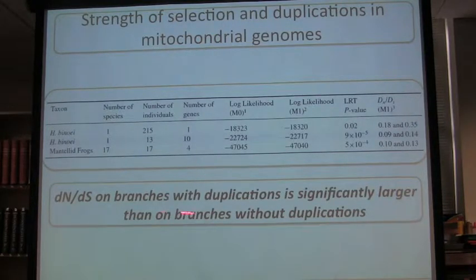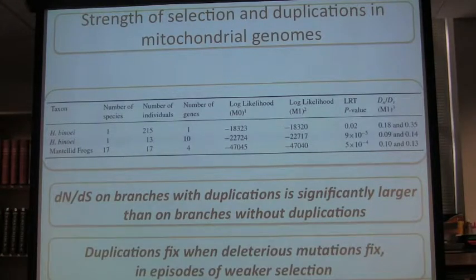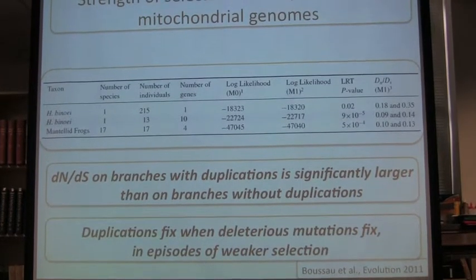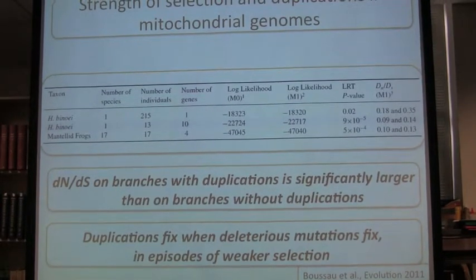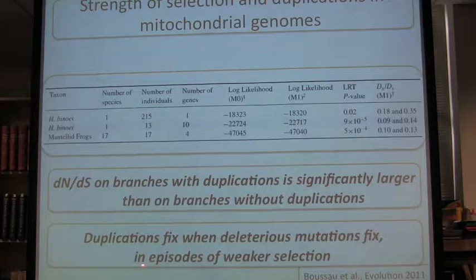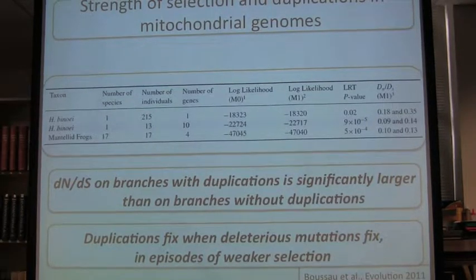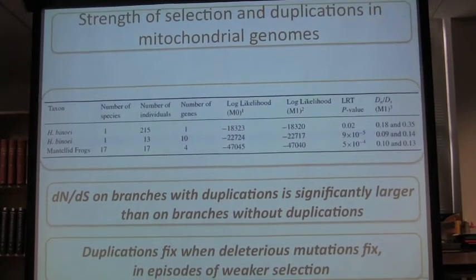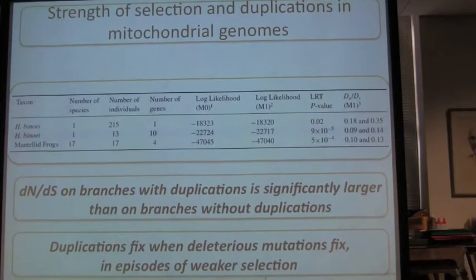More precisely, the dN/dS on branches with duplications is larger than on branches without duplications. So that means that duplications tend to fix when deleterious mutations, non-synonymous substitutions, fix. That's telling us that duplications fix in episodes of weaker selection. And so basically this supports the idea of Michael Lynch that duplications can fix more through drift than through selection.